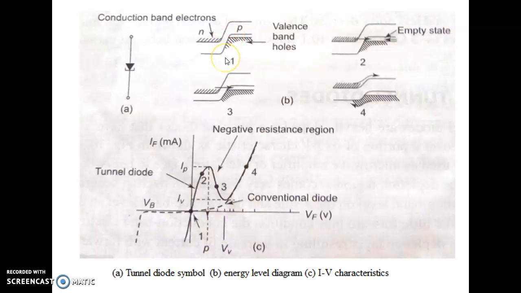There are two things to note here. One is heavy doping and the other one is that the depletion width is very low. These two important points will be used to identify tunnel diodes. Next we will see the operation of the tunnel diode.